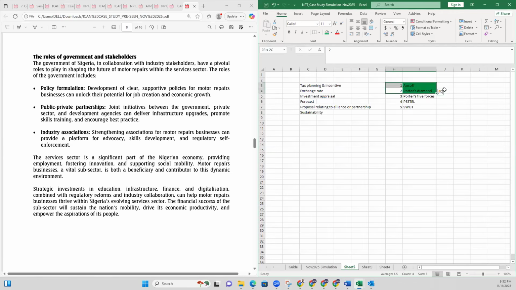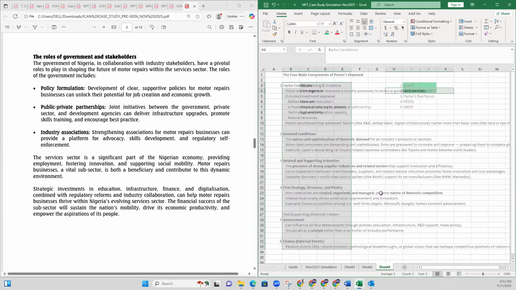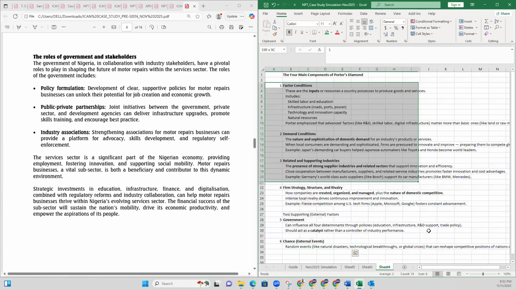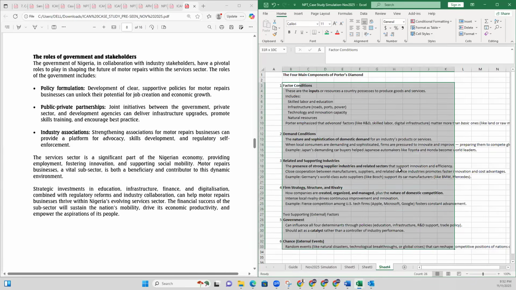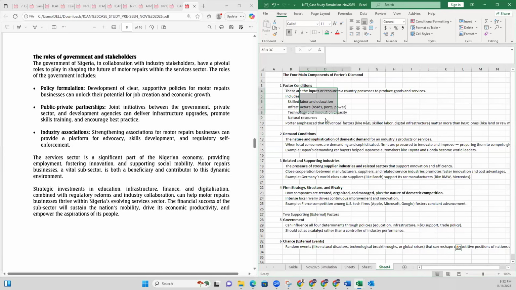Porter's Diamond is the one that has not been tested in a case study before. You can also use the study text to review that, but I've summarized it here for you in a way that is very easy to reference. It is not for you to copy what we have here. It's for you to use as a guide. For example, government: look at what we said. Government can influence through policy, education, infrastructure, and all of these.